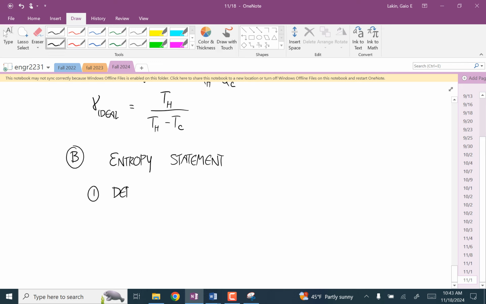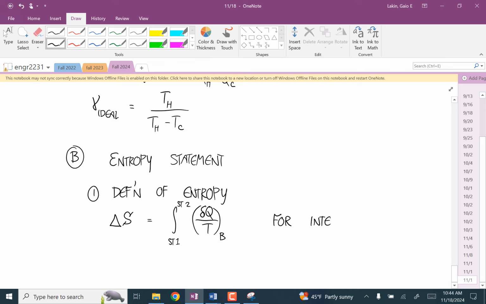And first, remember that the definition of entropy is that the change in extensive entropy is equal to the integral from state 1 to state 2 of all of the heat transferred in across the boundary divided by the temperature at the boundary. And this definition uses an internally reversible process.